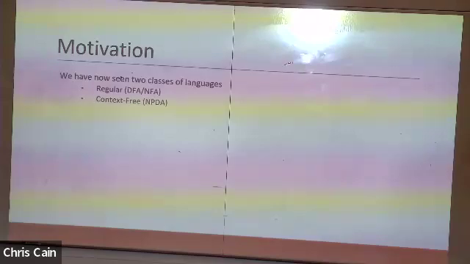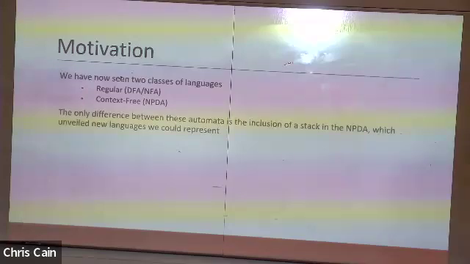So we've seen two different classes of languages. Really, we've seen a little bit more than this. We saw the deterministic PDA class of language that was a subclass of context-free. But we're now going to look at a different class. The only difference between the actual state machine representation of this was that the context-free version had a stack and the regular version did not.